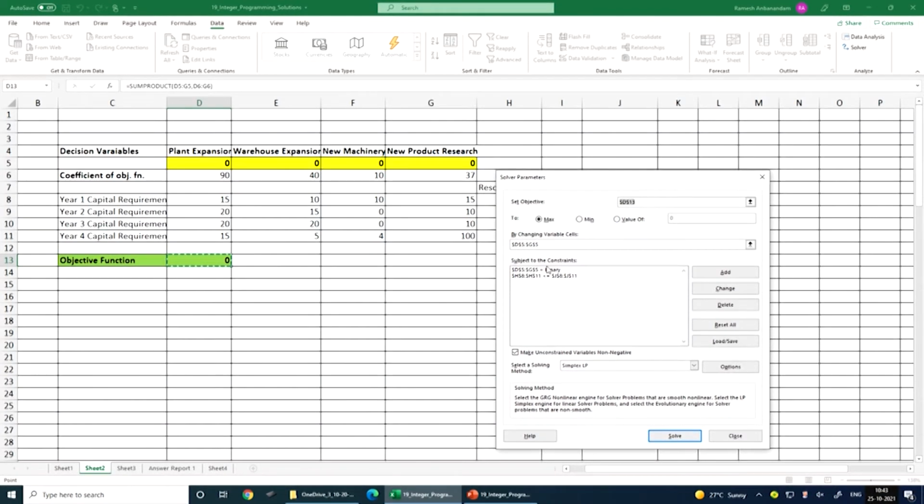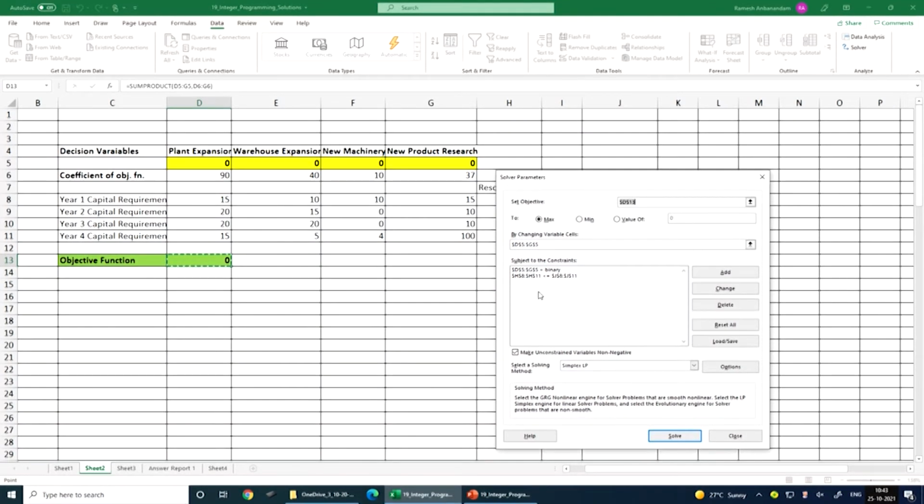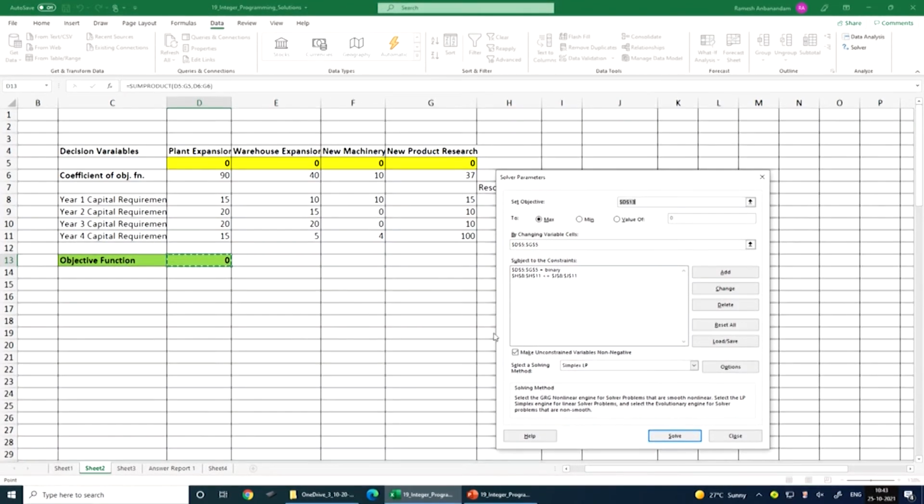The changing cells are D5 to G5. Here the constraint, see, D5 to G5 is binary, that is an additional constraint which you added. Then the capital requirement constraint from H8 to H11 is less than or equal to J8 to J11. All others are as usual, only the additional constraint which you have added is the binary constraint.